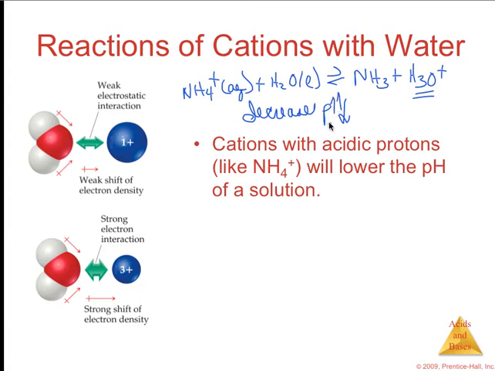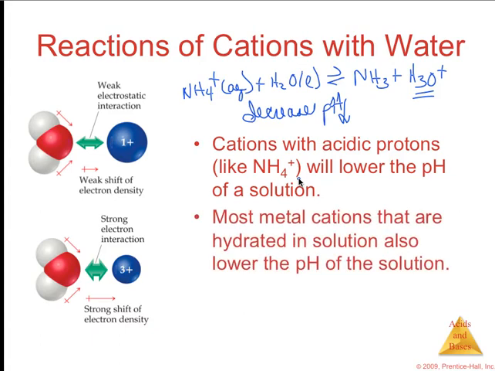Metal cations that are hydrated in the solution are also going to lower the pH. Again, because what part of the water molecule are those positive ions going to attract? It's going to attract this hydroxide part to itself. That's going to leave this hydronium out in solution to decrease the pH or make the solution more acidic.